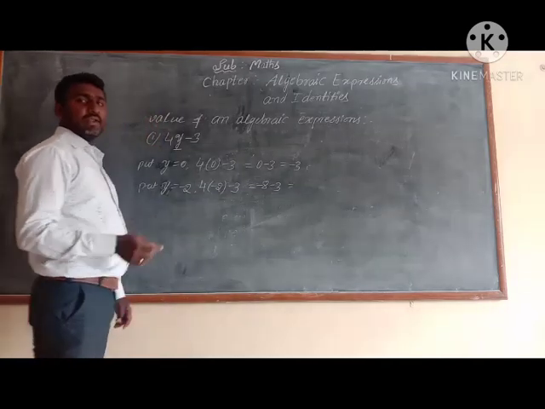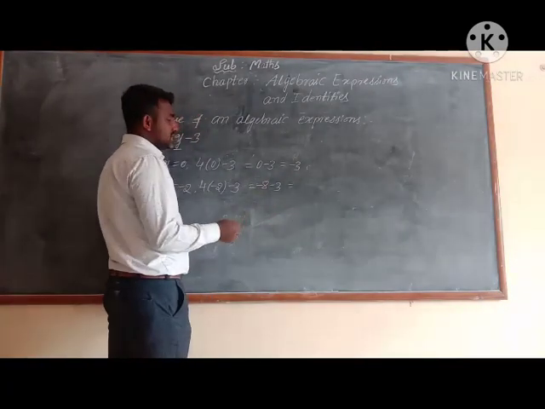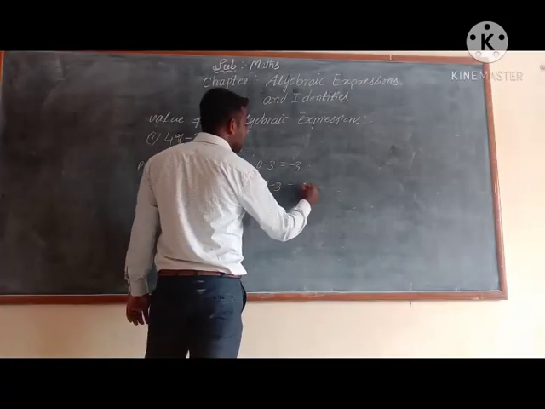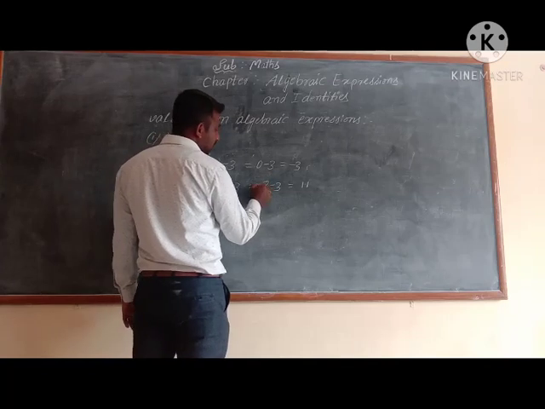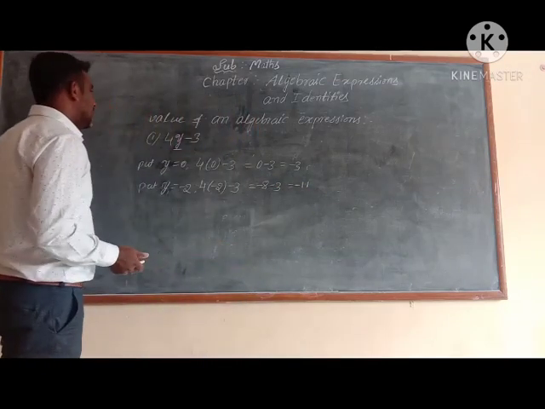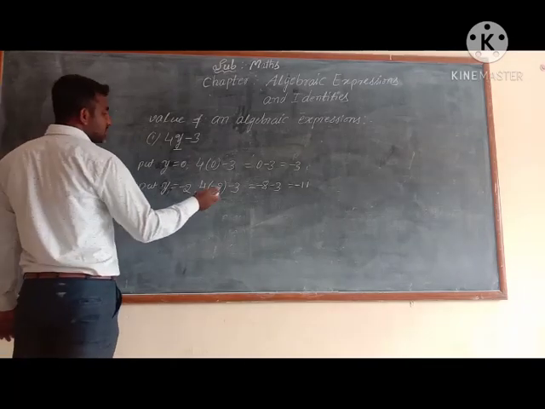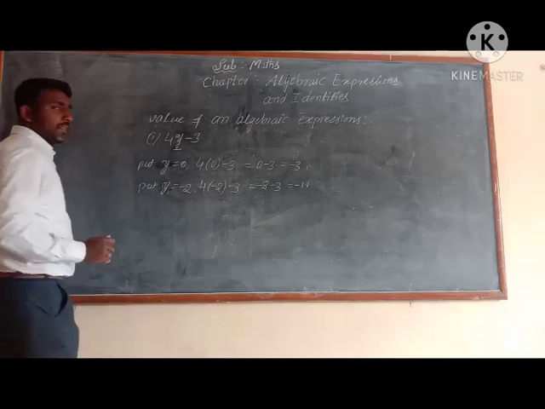Both the numerals having the same sign, so we can do the addition. 8 plus 3, 11. 8 is the bigger number, so we can write minus here. The value of given expression is minus 11 when y is equal to minus 2.